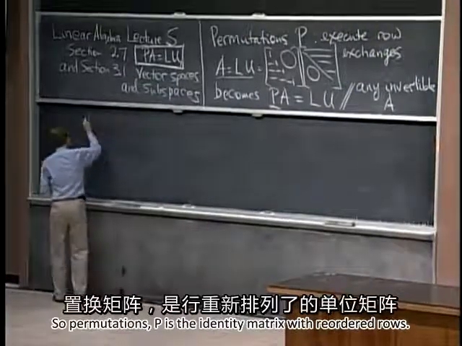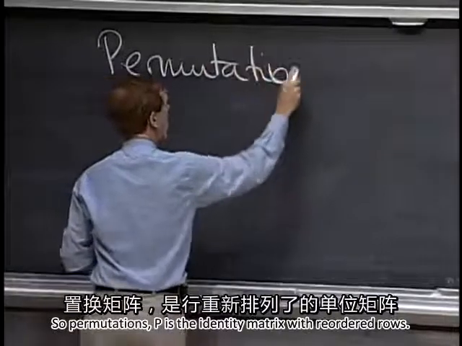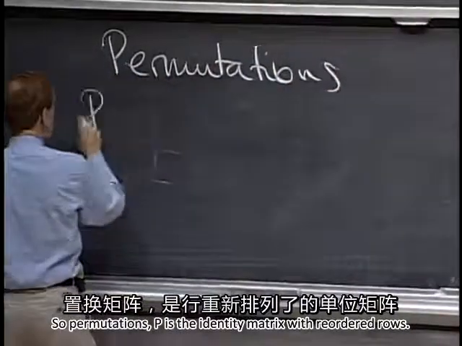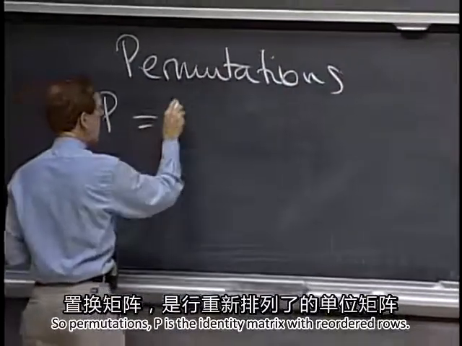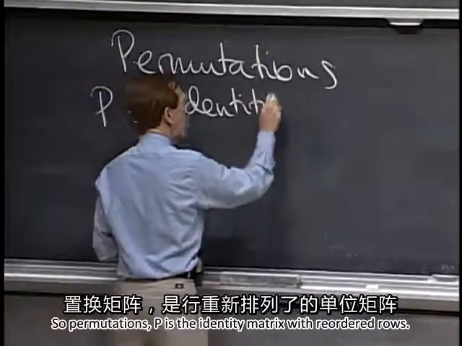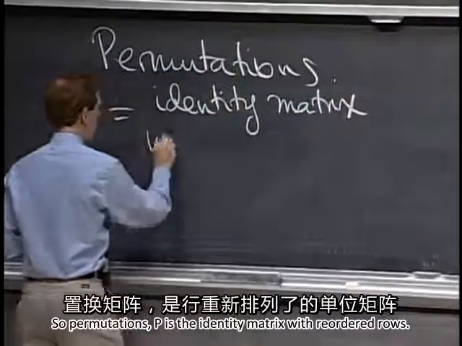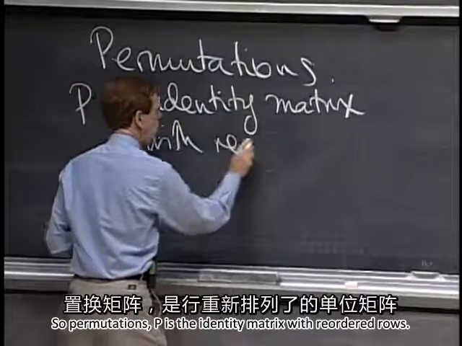Okay, finally, just to remember what P was. So permutations, P is the identity matrix with reordered rows.